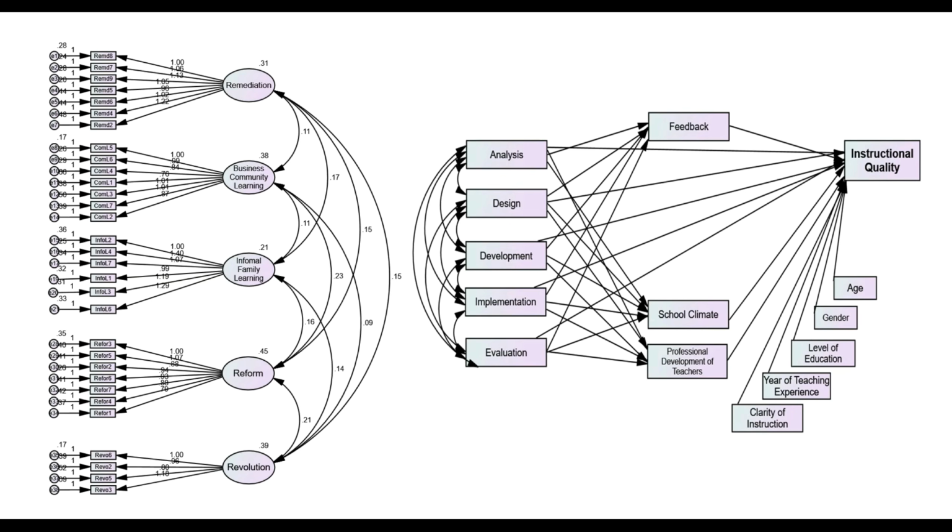And the same thing here. This is a typical example of a normal confirmatory factor analysis, and this is a typical example of a path analysis. You can see the relationship between the independent variables, the mediator, the dependent variable, and the covariates or confounding variables, control variables, as the case may be.